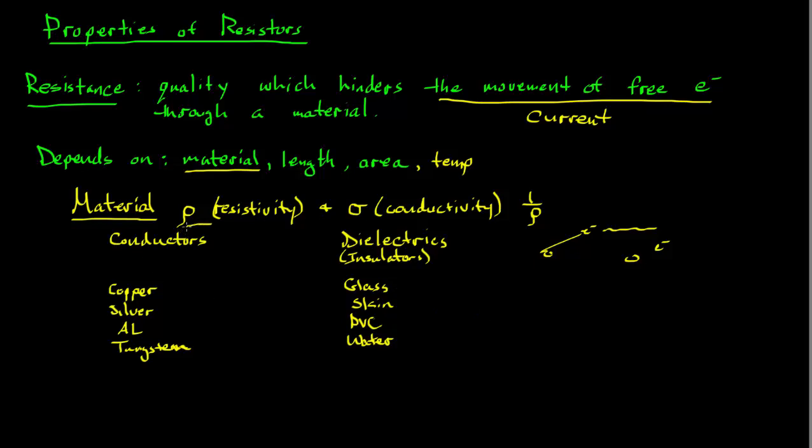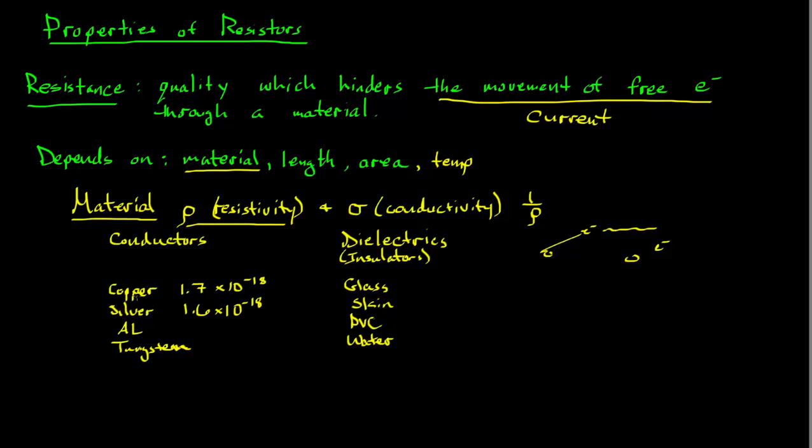What are these values? This is the one we'll be using, though, rho, resistivity. For copper, 1.7 times 10 to the negative 8th. So a very, very small number. Silver, 1.6 times 10 to the negative 8. So about the same resistivity. This one's actually lower, but the cost of this is much more.